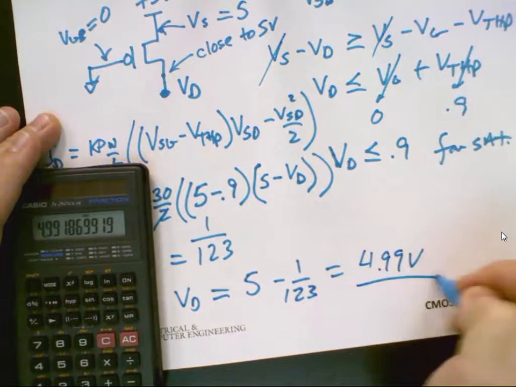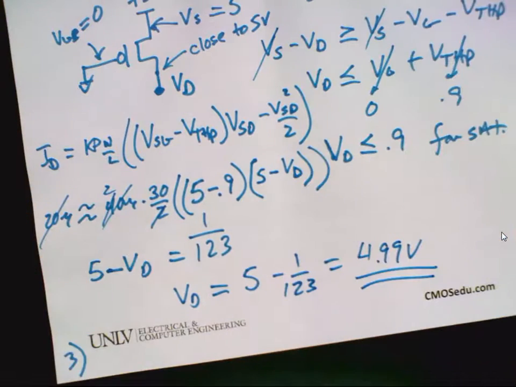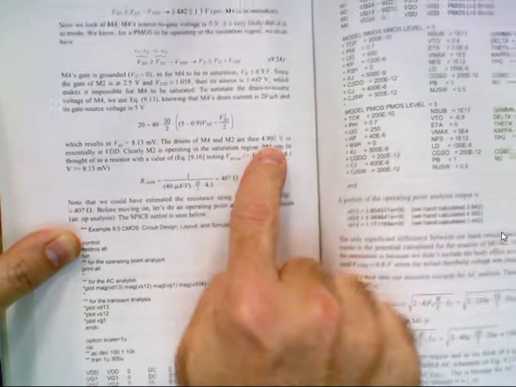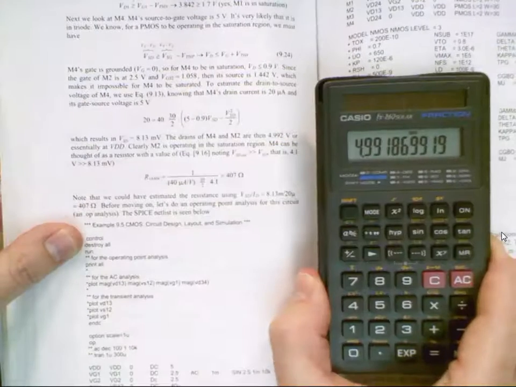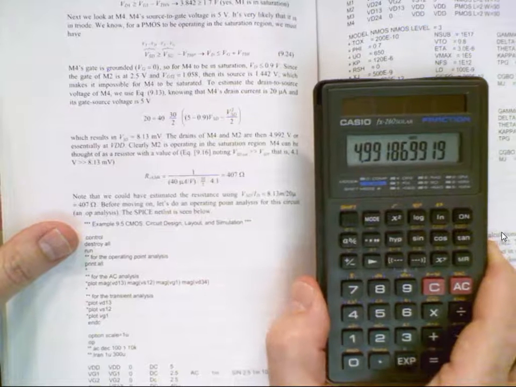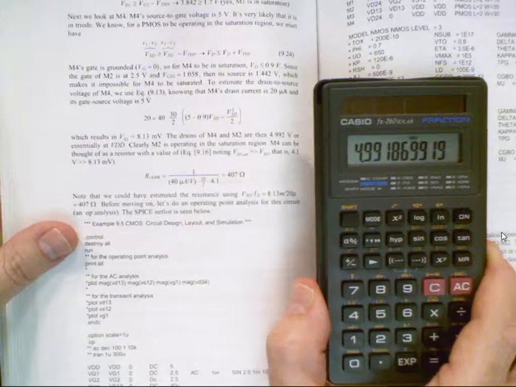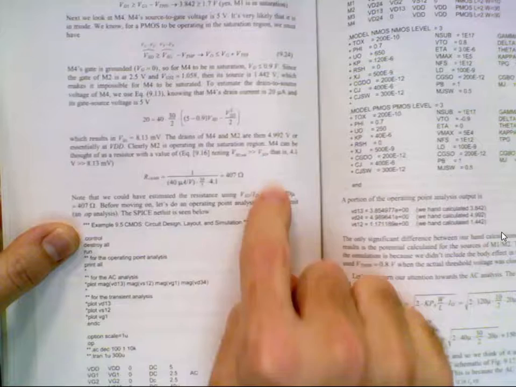Let's see what it is using the full calculation in the book. And it is, oh, pretty close. 4.992, and I got exactly the same thing. So my assumption that it was deep into triode was good. 4.992.